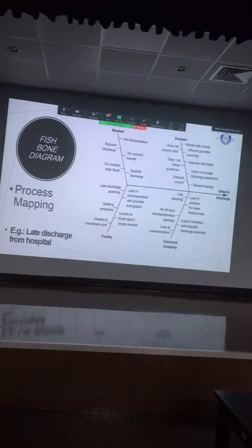This is another way of looking at the problem. It's called fishbone. Why do they call it fishbone? Because it looks like a fish skeleton. So this is the main bone, and then those are the branches. This is a process map for delayed discharge. So you have a late discharge. Instead of mapping the process, you put all the stakeholders.